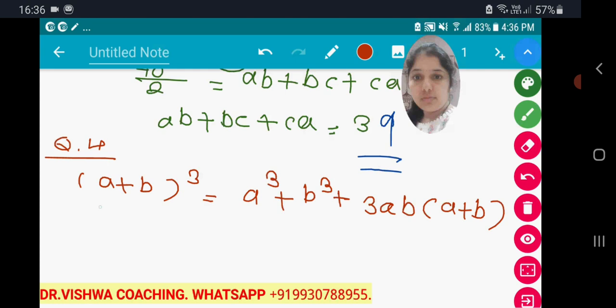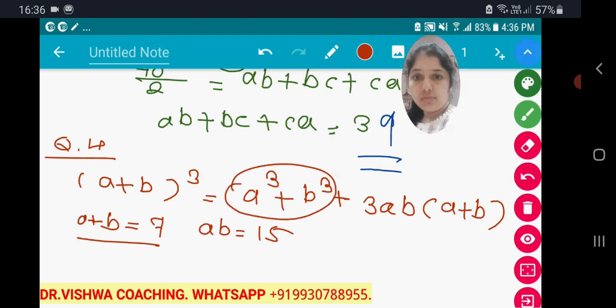Now we know the value of A plus B is equal to 7 and AB is equal to 15. And we have to find the value of A cube plus B cube. The simple thing you have to do here again is just put the values here. Put the value of A plus B as 7, do its cube.